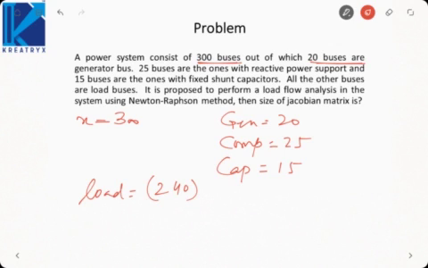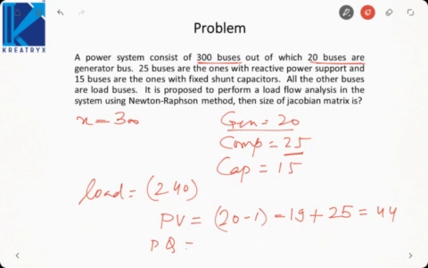Now we need to perform the load flow analysis using Newton-Raphson. We need to find the size of Jacobian. Now as I told you, the slack bus is also a generator bus. So overall PV buses will be equal to 20 minus 1, that is 19, plus we will take the compensating buses also as PV buses. So it will be 44.